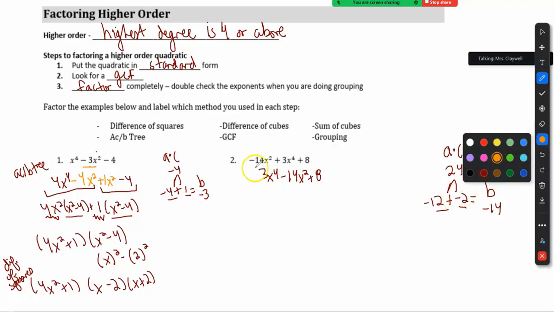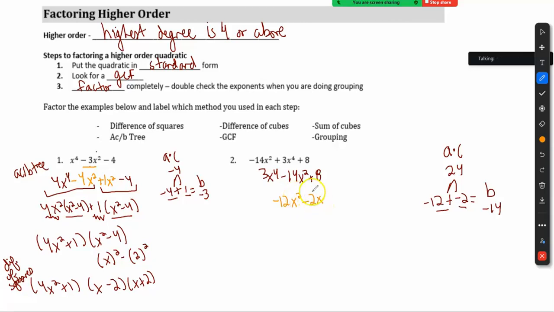My A is not 1x squared, so I need to rewrite it. So I'm breaking up my negative 4x squared. So far I've done ACB tree, this first method. I'm going to finish my ACB tree.